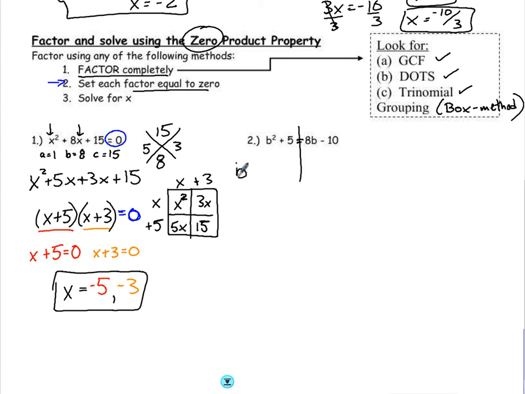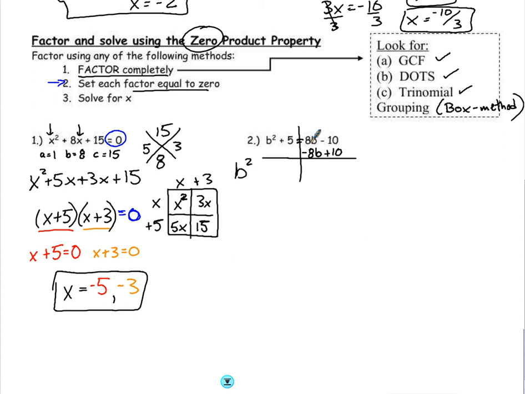I want to take 8b and negative 10 and bring them to the other side of the equation. To do that, I'm going to subtract or add their opposites, because by the addition property, the additive identity is the inverse of those terms. So 8b minus 8b cancels out to 0.